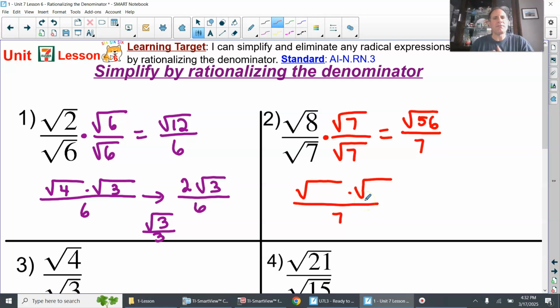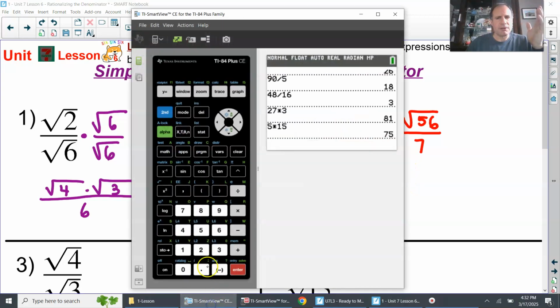So what's the perfect square that goes directly into 56? I'm going to start with 6 times 6, 7 times 7, 49, 6 times 6, 36, no. 5 times 5, 25 doesn't go in. 4 times 4, 16.